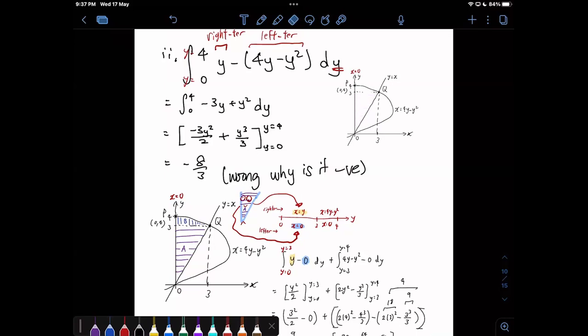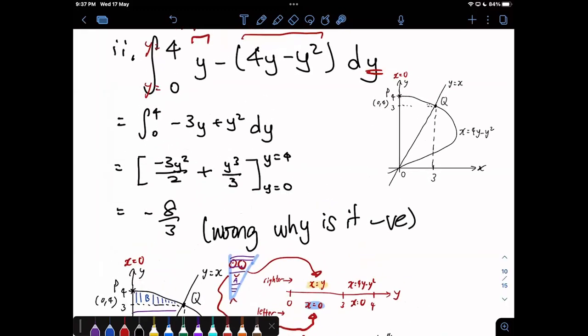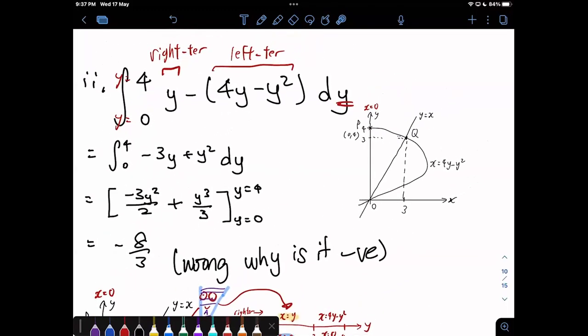Okay, what were you doing here? y minus 4y minus y squared, because y is on top. So let's just label some of the regions. Let me think a bit.